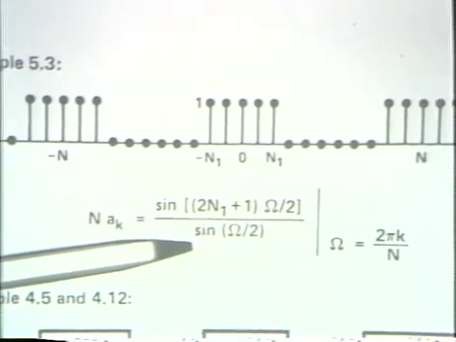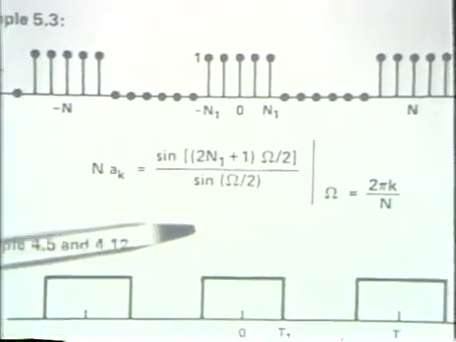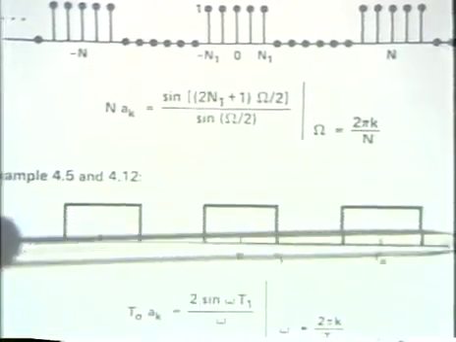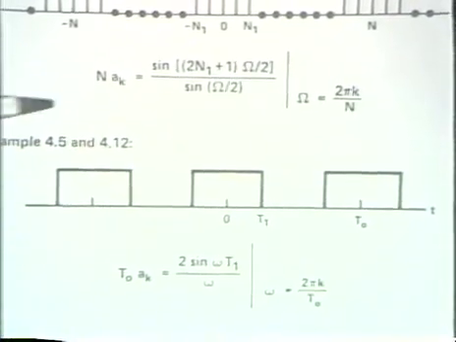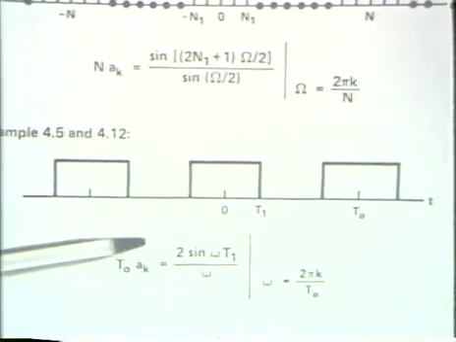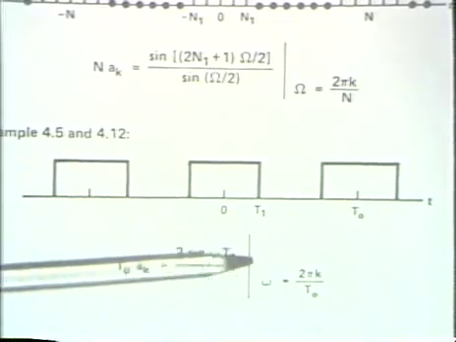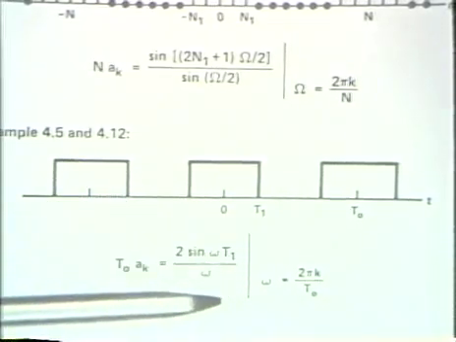Let me compare it to a continuous time example, the continuous time square wave, where the Fourier series coefficients were samples of what we referred to as a sine x over x function.